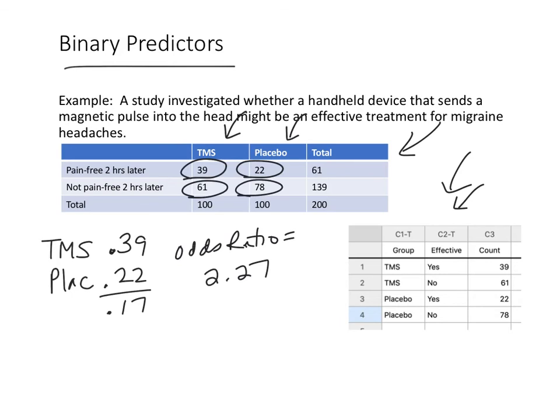In 2 situations, we're in the TMS group, but in one case, the treatment is successful or effective, and then it's not effective. That's where these 2 rows are coming in. And then we have the placebo groups, effective, not effective, and their counts. So turn the two-way table into a table in Minitab like this before you run the regression.